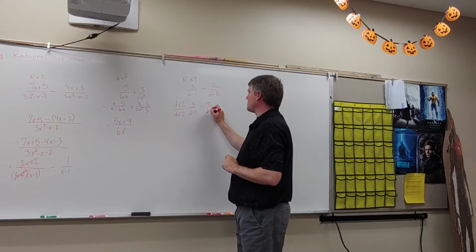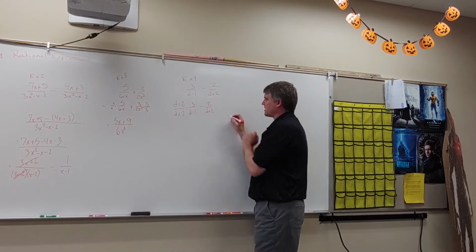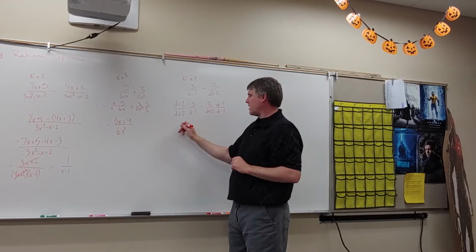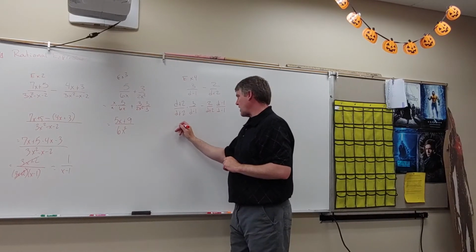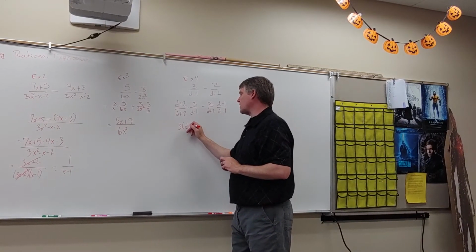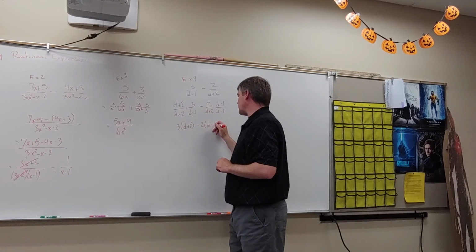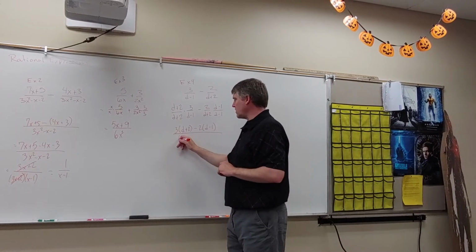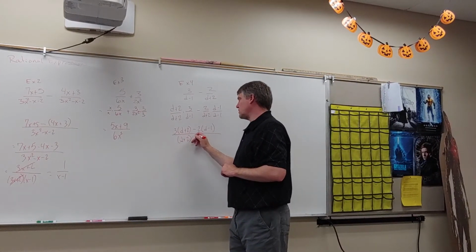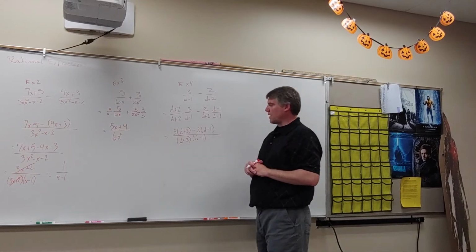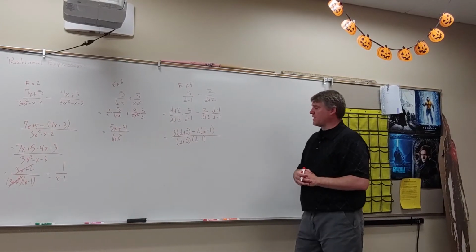Minus 2 over d plus 2. So it's missing the d minus 1. So I'm going to multiply top and bottom by d minus 1. So now I have 3 times the quantity d plus 2 minus 2 times the quantity d minus 1 all over d plus 2 times d minus 1. Okay. So I still have to do some simplifying here.